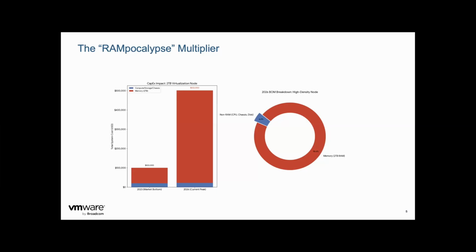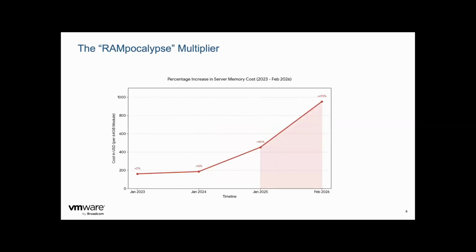So there are a lot of problems happening, and it went from 80% of the bill of materials to now 96%, which is even worse. But the solution that we started working on 3 or 4 years ago still applies, and it helps our customers overcome this high memory pricing. So that's a quick overview: we started many years ago, and now it's very timely, and now we can adopt this on VCF 9.